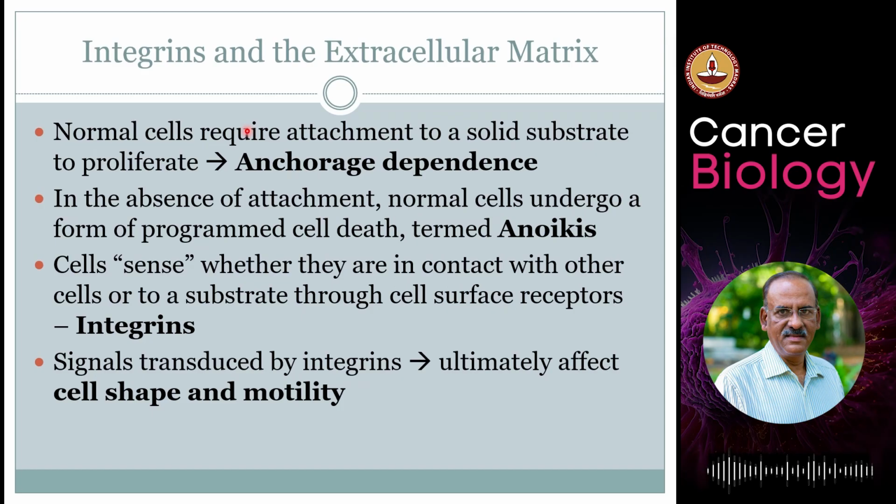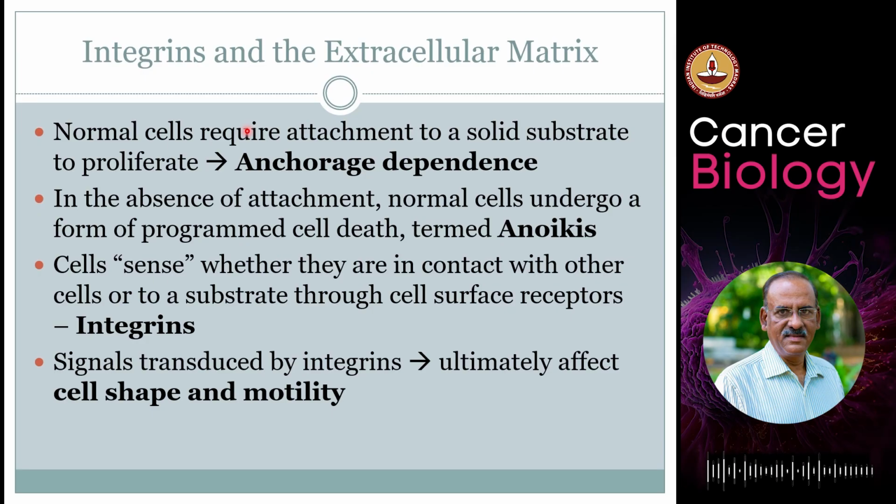In the absence of attachment, that is, if you don't have the support, then the normal cells undergo some kind of cell death, and that is called anoikis. The way by which cells sense this is through cell surface receptors called integrins. So integrins are very important.